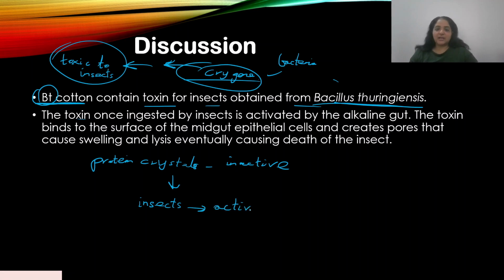How that happened is that they were activated by the alkaline gut. The gut of the insect is alkaline in nature, and this activated the toxin, so the protoxin became an activated toxin. Then it bound to the surface of the midgut epithelial cells, created pores and caused swelling and lysis, eventually killing the insect.